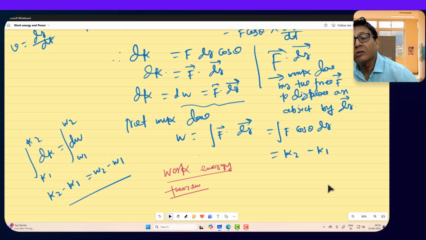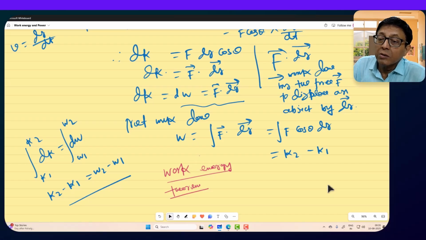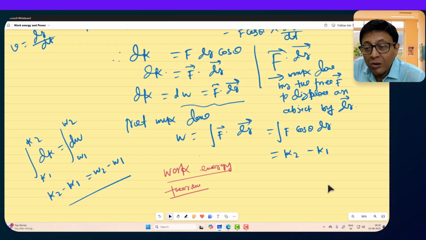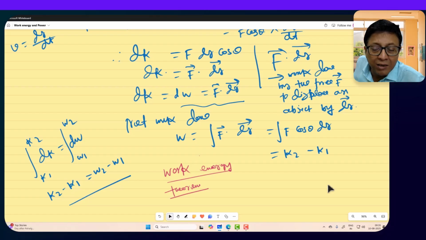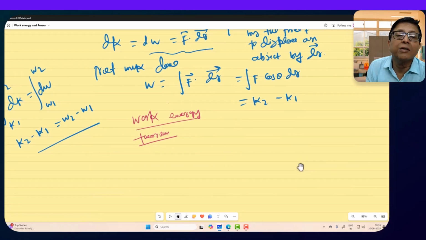Is this force a sum of many forces? Is this force conservative, non-conservative? Is this force external? Is this force internal? All these things should be clarified here. You must try to know it.